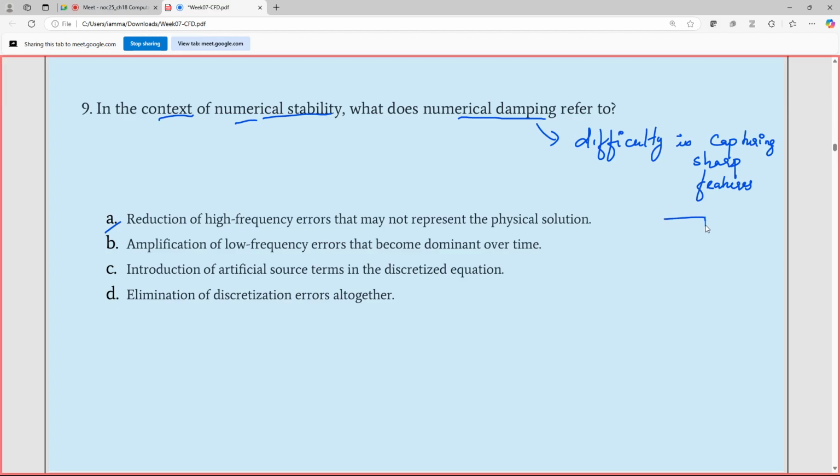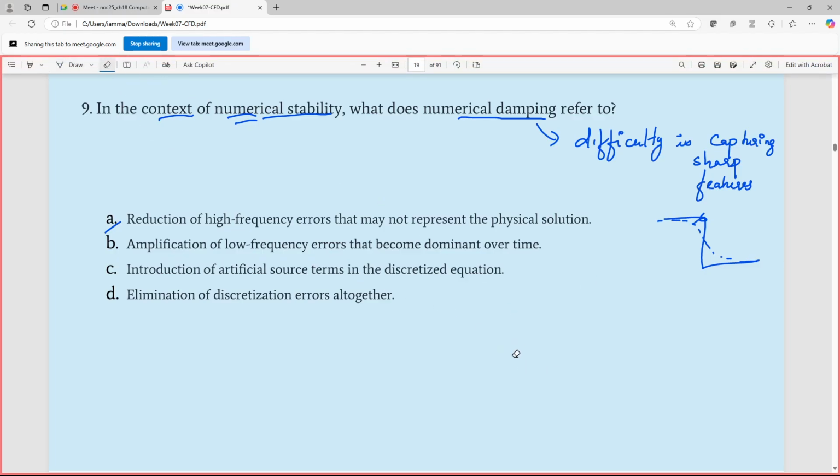Suppose our solution should look like this, but due to numerical damping, it will be somewhat reduced. These sharp corners or sharp features will be reduced.